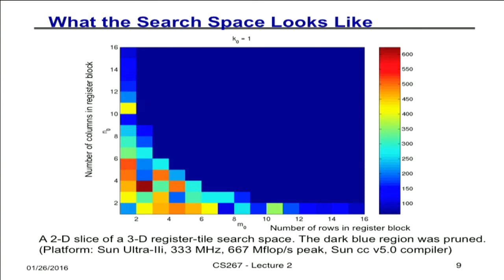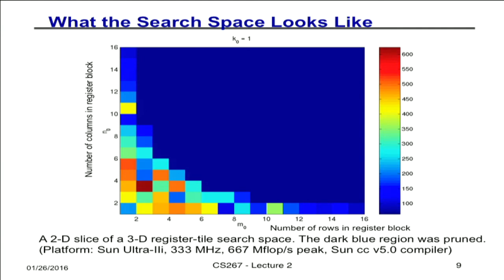So typically, how big would a register block be? It might be something like 3 by 3, 2 by 2, 2 by 4, something like that, because all you're trying to do is to load 3 little tiny matrices into the registers, right? The set of registers that you have sitting right there next to the processor that's going to do the arithmetic, and then do a little tiny 3 by 3 matrix multiply, whatever it is.